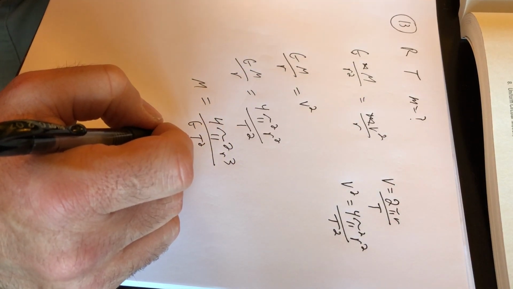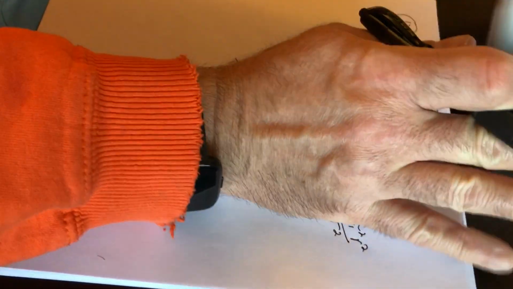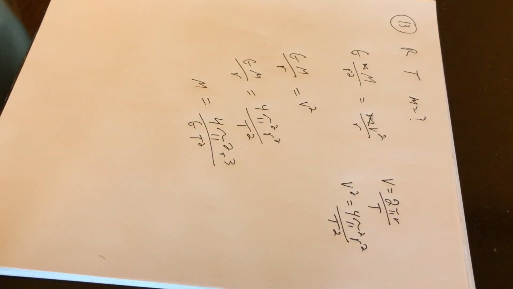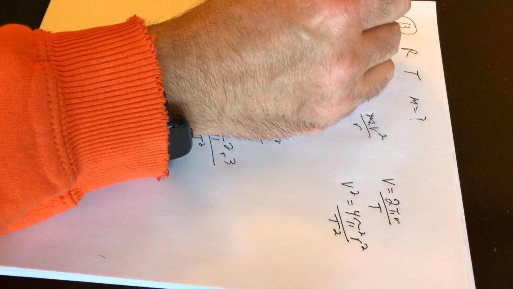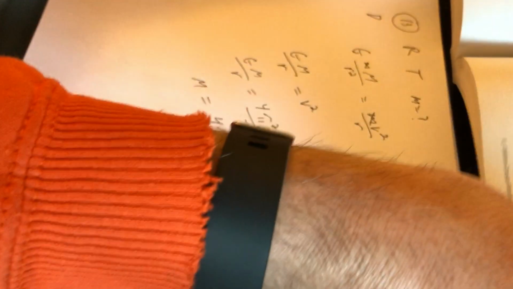Yeah, it looks like that's four pi squared r cubed over g t squared, so that's choice D. So 13 is D.